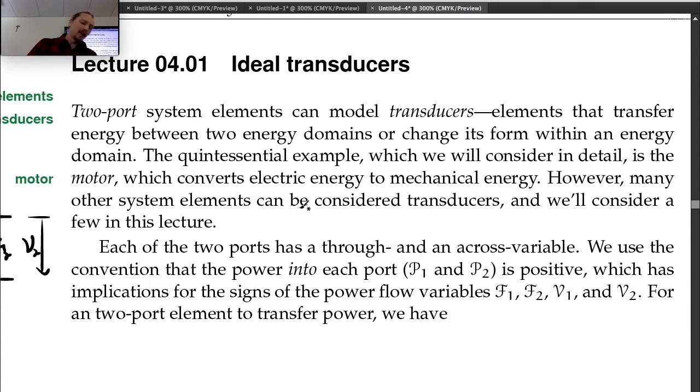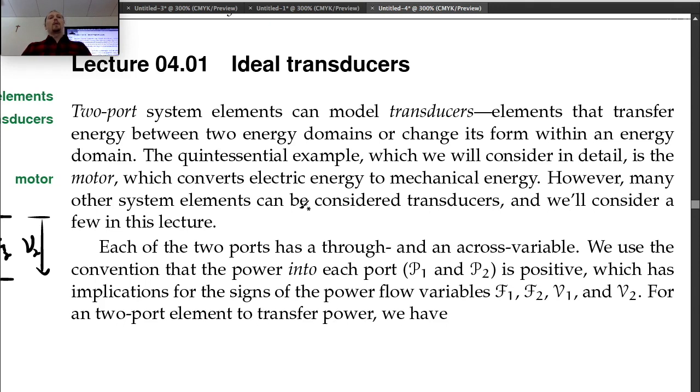You could take electronic energy and make it mechanical translational energy. You could take mechanical translational energy and make it rotational energy. You could take mechanical rotational energy and make it electronic energy. Of course, there are other energy domains, but those are the 3 that we've considered: mechanical rotational, translational, and electronic system energy domains.